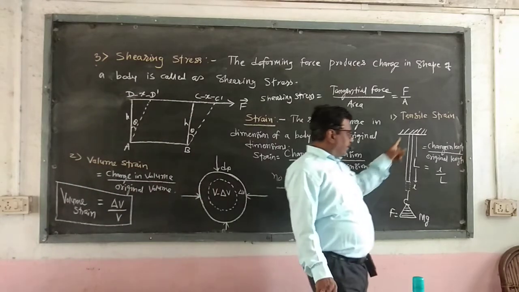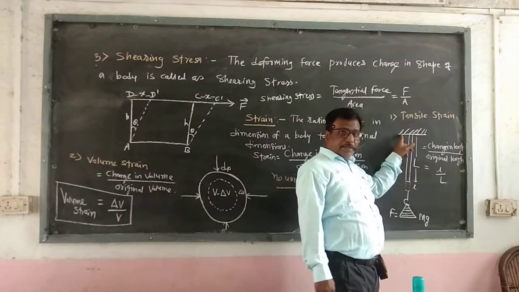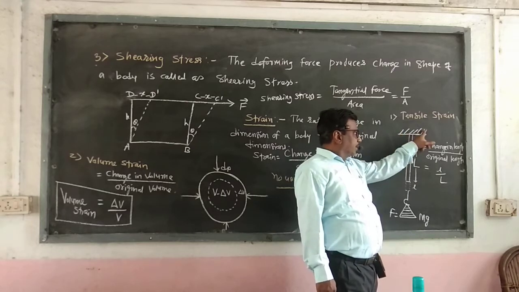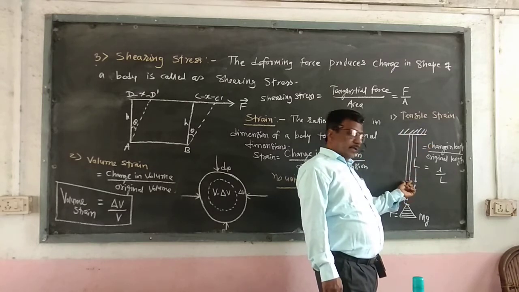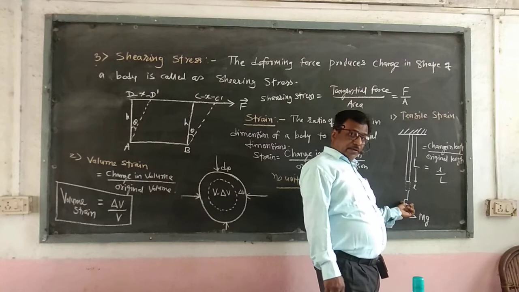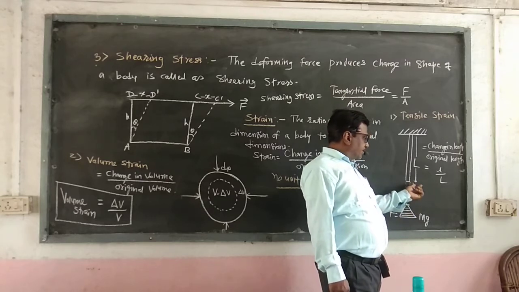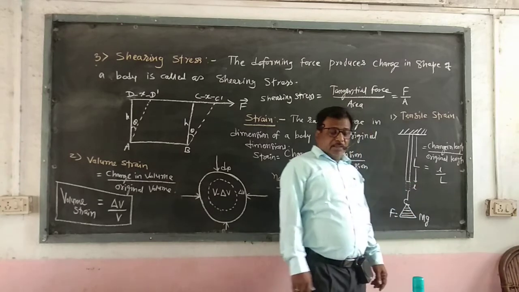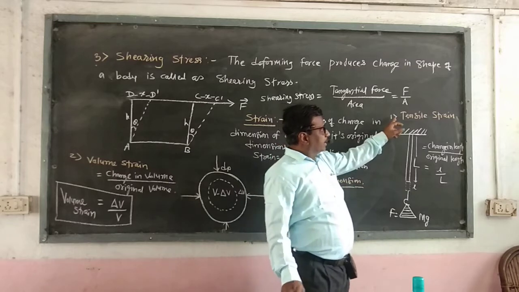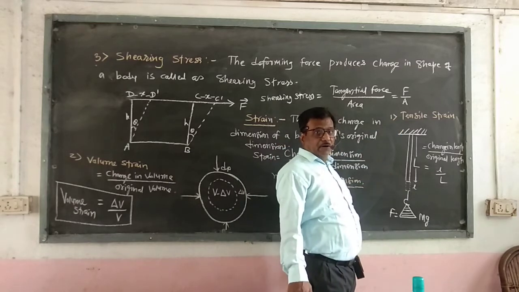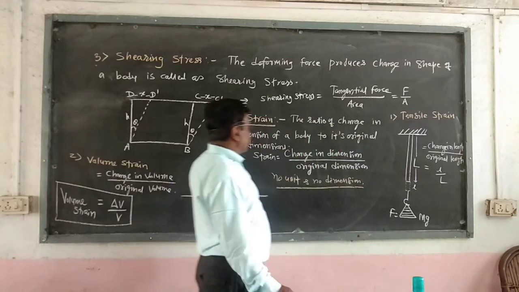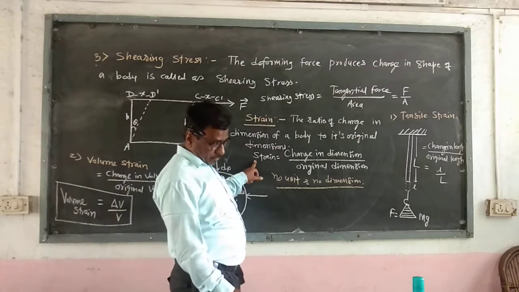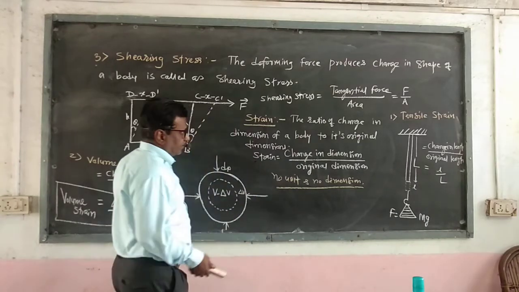We take a metal wire whose one end is fixed to a rigid support. When a load is applied at the other end, there is a change in length. So tensile strain is the ratio of, so we write the definition first.